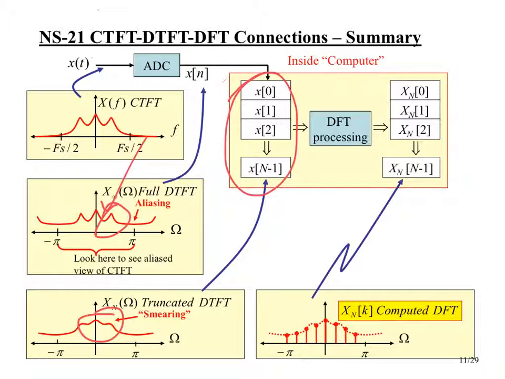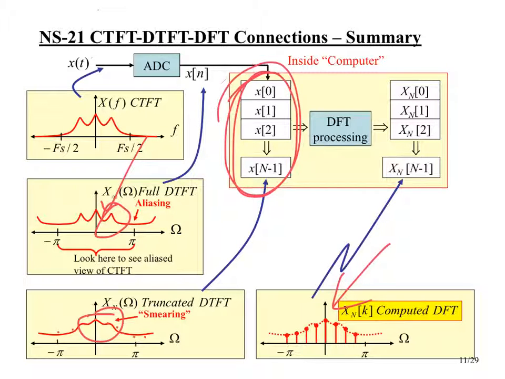Now I'm not really showing the effect of side lobe smearing here so much, but just overall there's going to be various smearings of both main lobe smearing and side lobe interference all grouped together. And then finally, however many samples we collect, we can only compute points on this DTFT, and that's what we show over here.